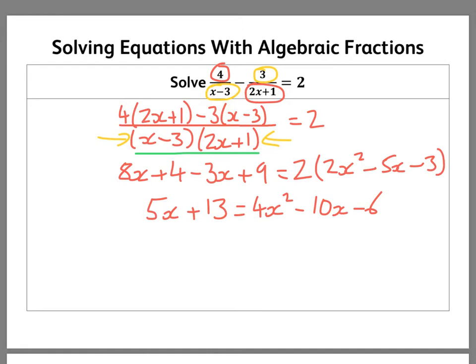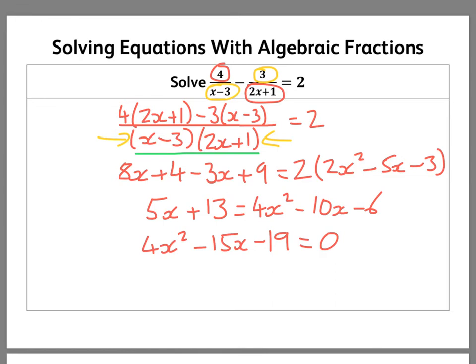I'm going to take everything onto the right hand side, but I'm then going to stick the equals 0 on the end. So we get 4x squared minus 15x minus 19 equals 0, balancing. I've taken 5x from both sides, I've taken 13 from both sides.